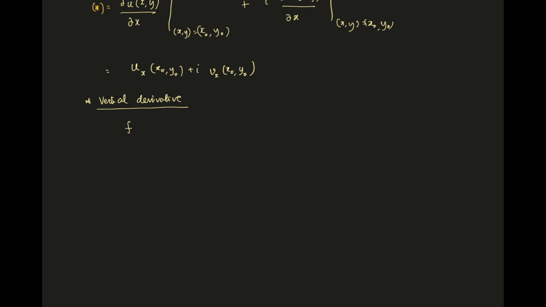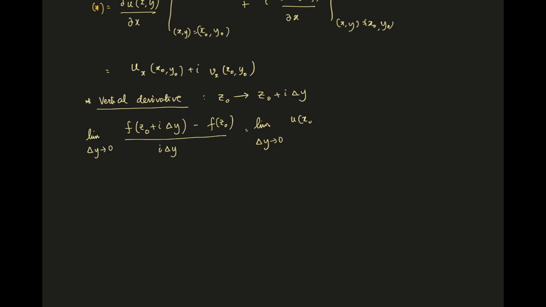Okay, so we want to look at the ratio f of z naught plus iota delta y minus f of z naught over iota delta y, and here we are changing from z naught to z naught plus iota delta y. That is only in the imaginary part, or in the vertical direction.